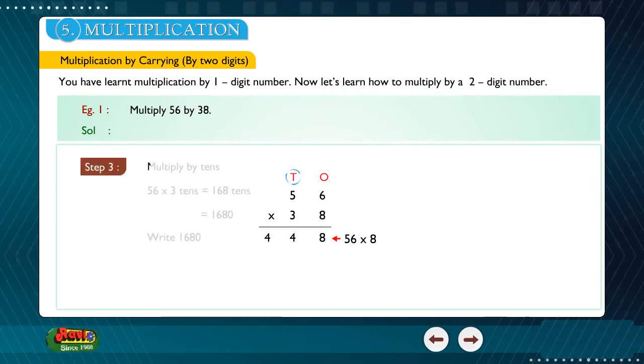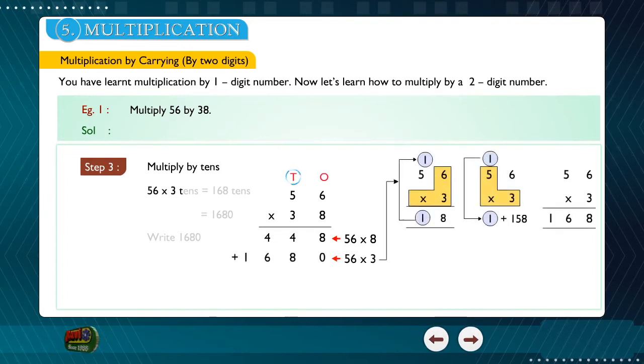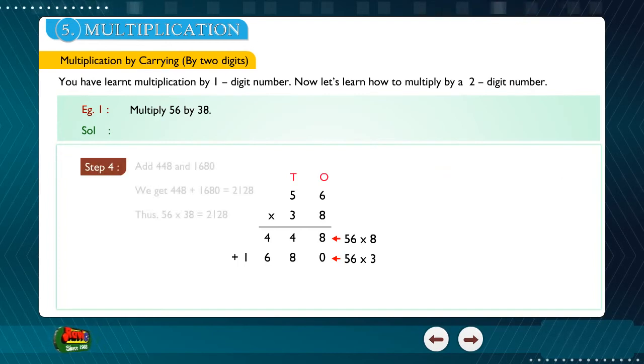Step 3. Multiply by tens. 56 into 3 tens is equal to 168 tens is equal to 1680. Write 1680. Step 4.